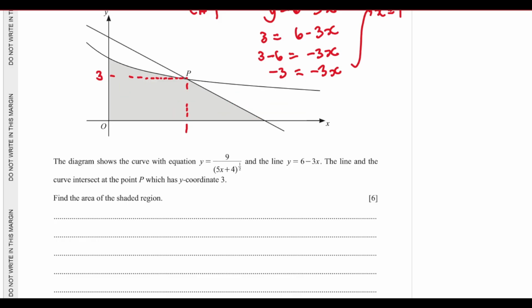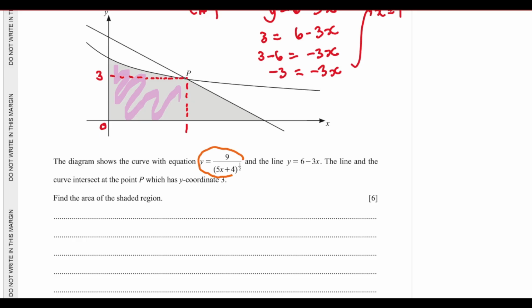But we need the area that's under both of them at the same time. Now, we can use a definite integral to find this first area below this curve.